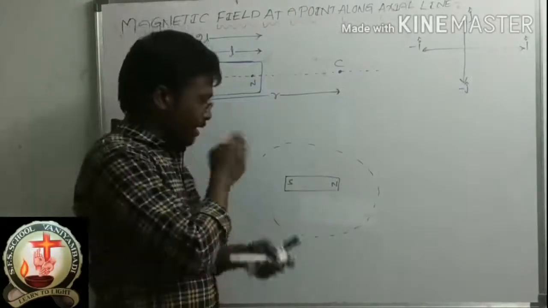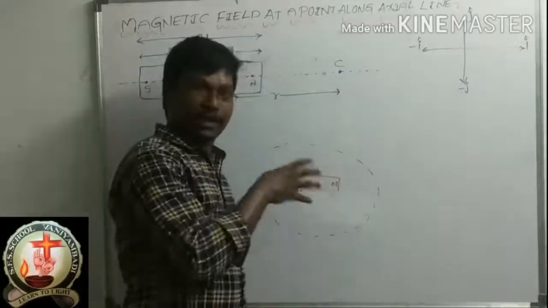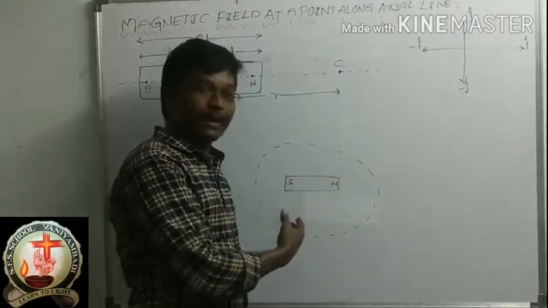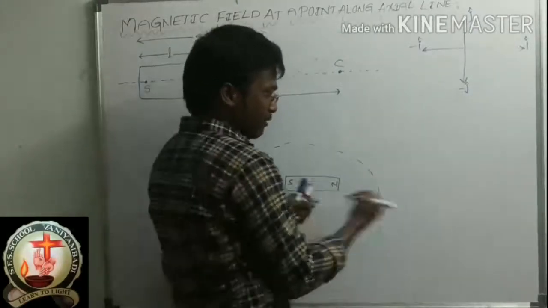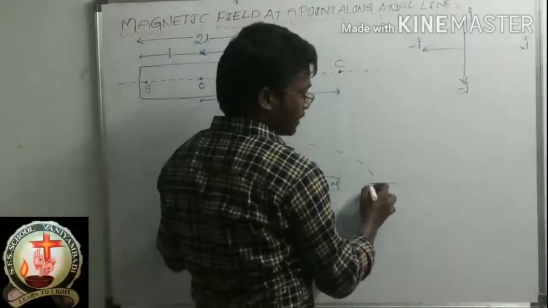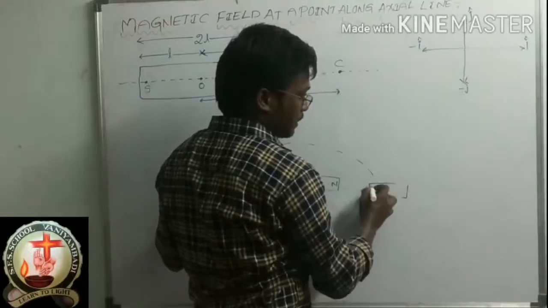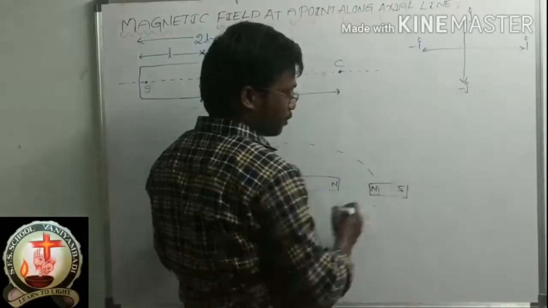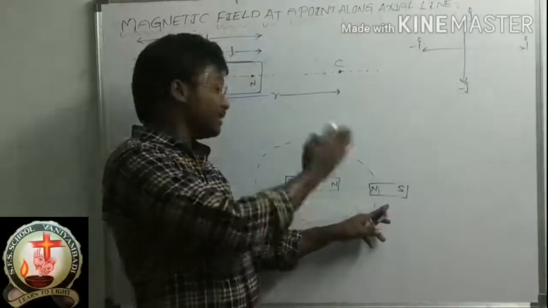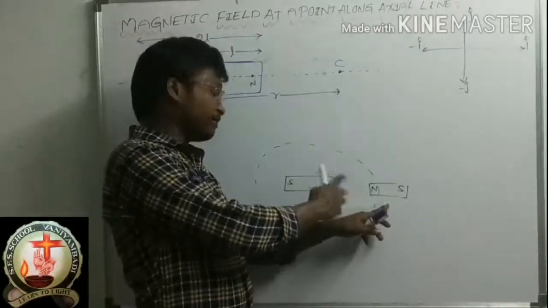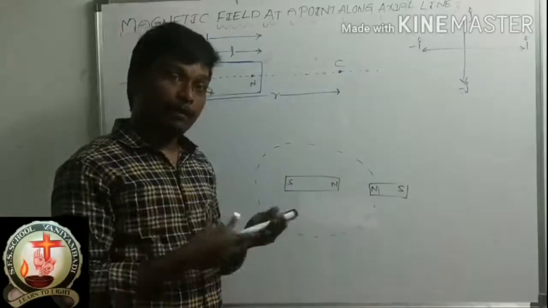Here, in this magnetic field region, I will place one more magnet. Now this is the north pole and this is the south pole. Whenever you place another magnet in the magnetic field of this magnet, what will happen?